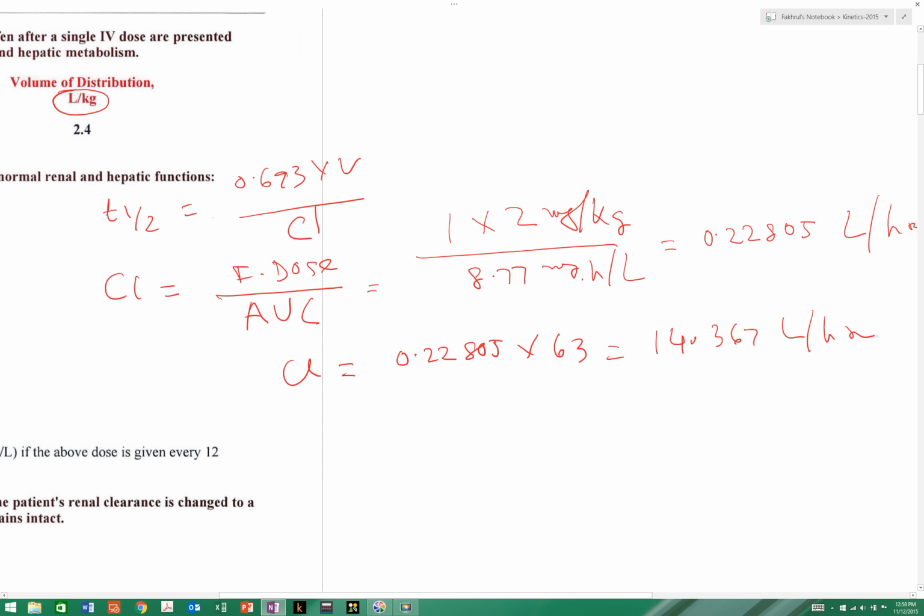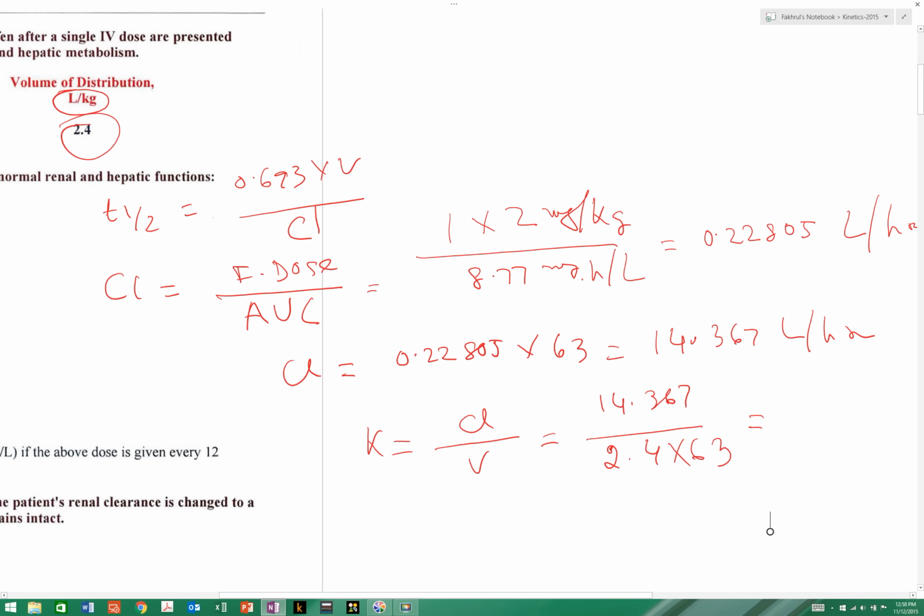If we have the volume of distribution, we can directly calculate using this equation, or another option is K is equal to CL by V, which is 14.367 divided by 2.4, and this volume of distribution is per kilo, so we have to multiply with 63.